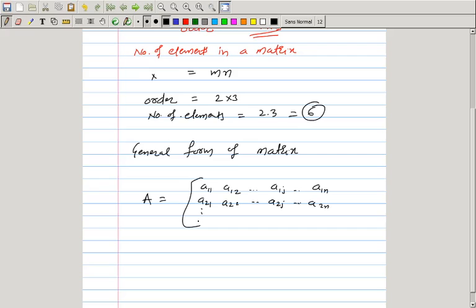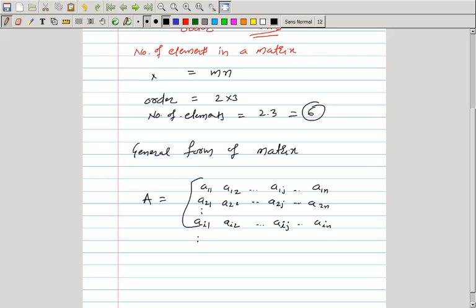And again continuing like this, I can write for the ith row, ai1, first element, and ai2, second column, and so on, aij, and so on, ain.